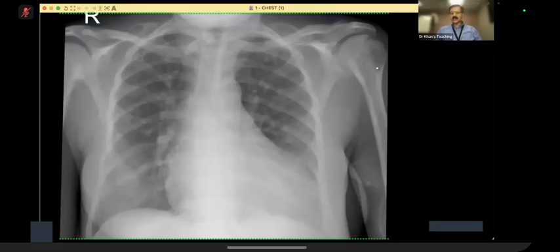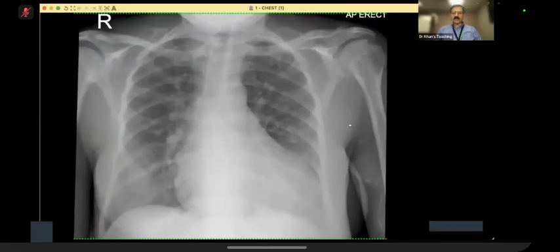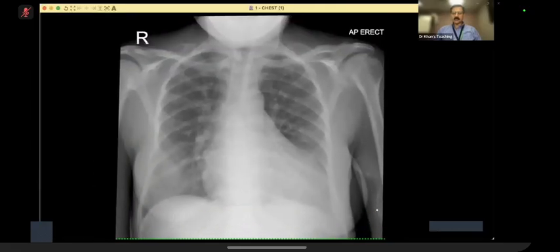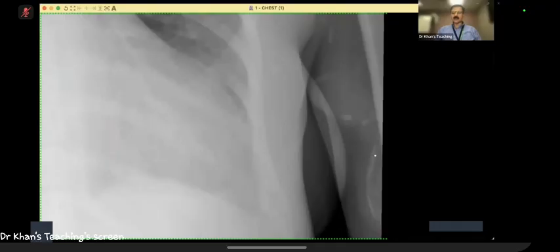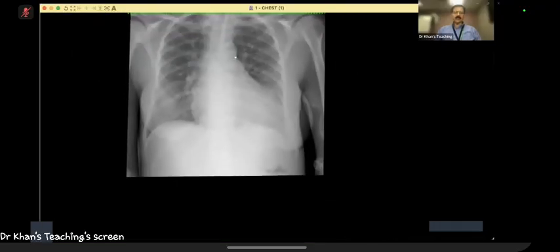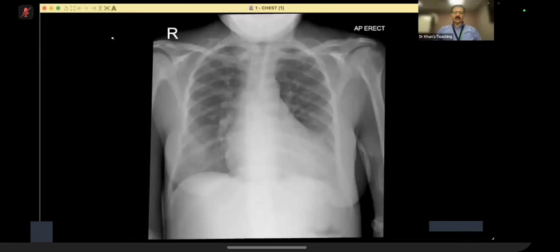With that, you can see this erosion at the greater tuberosity. And once the examiner tells you something is there, this is what it was. So this was a case of secondary hyperparathyroidism. It was a renal osteodystrophy, and there are metaphyseal fractures also sitting there. Cupping of the anterior end of the clavicle, there can be metaphyseal fractures there.